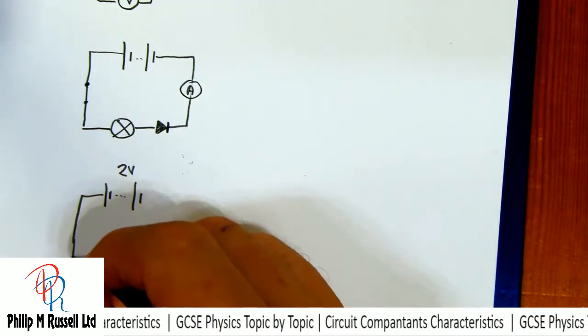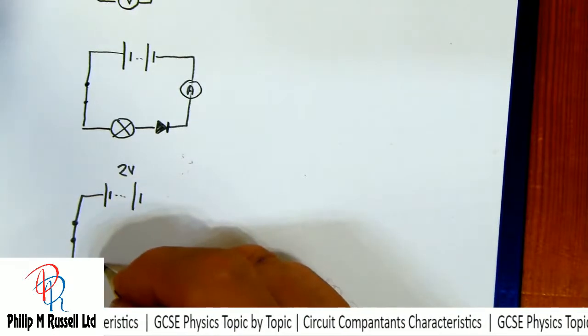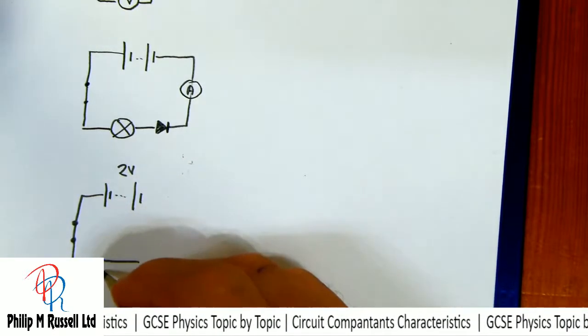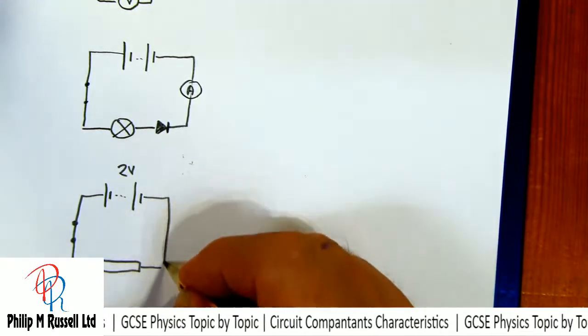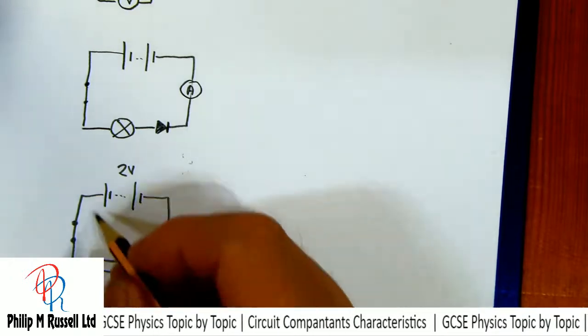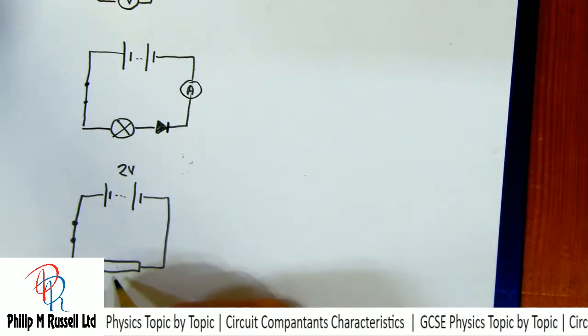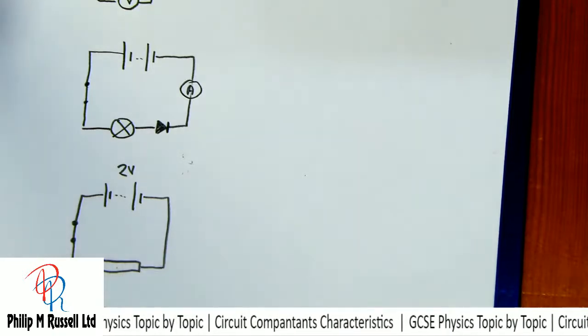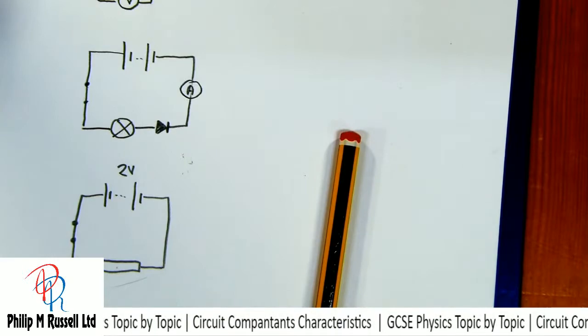I've got my switch, which is closed, and then I've got this little resistor, and you can see that I'm not drawing it very well because I'm not using a ruler. Here's my resistor.